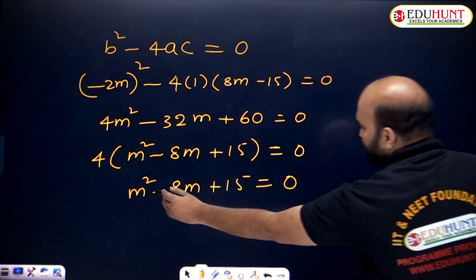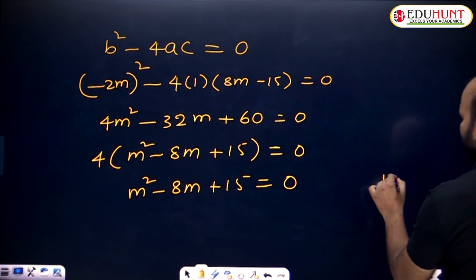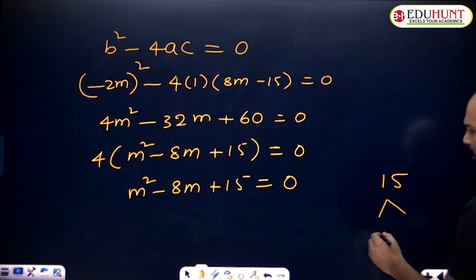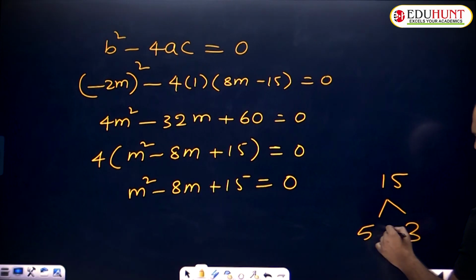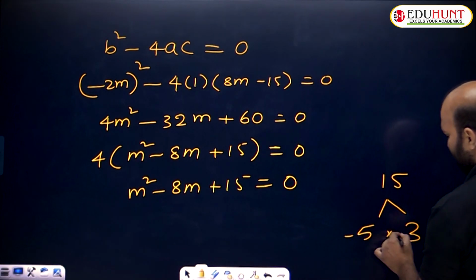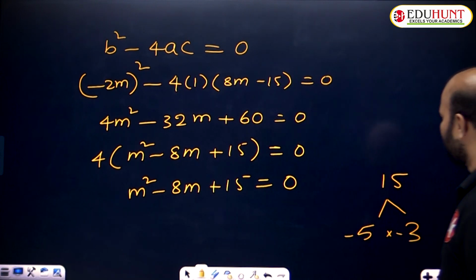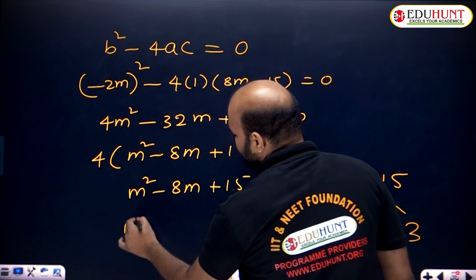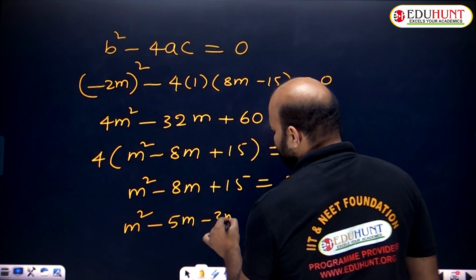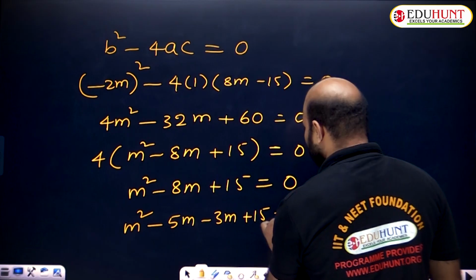Firstly, here the m square coefficient is 1 and the constant value is 15. 15 can be written as the product 5 3s are 15. Here the m coefficient is minus 8, so both are taken as minus 5 and minus 3, which gives minus 8. Now minus 8m can be written as minus 5m minus 3m plus 15 equal to 0. Am I clear?